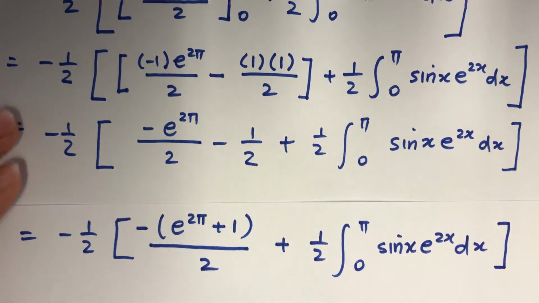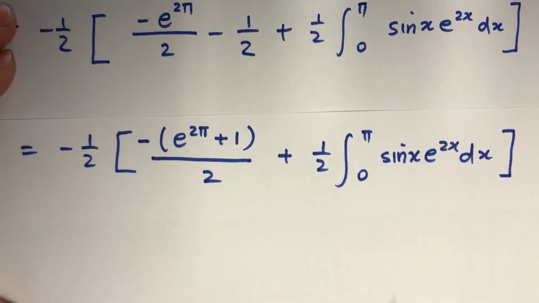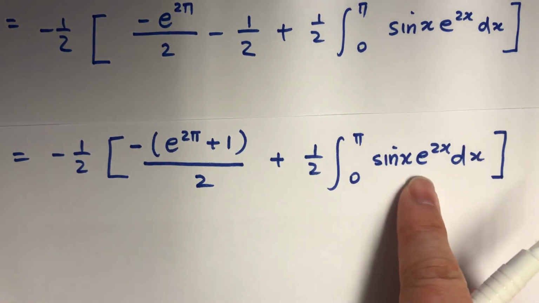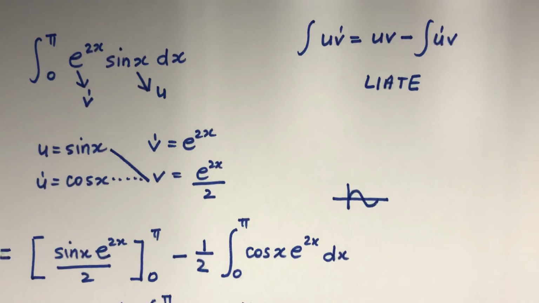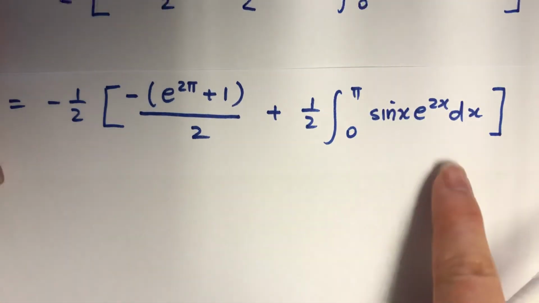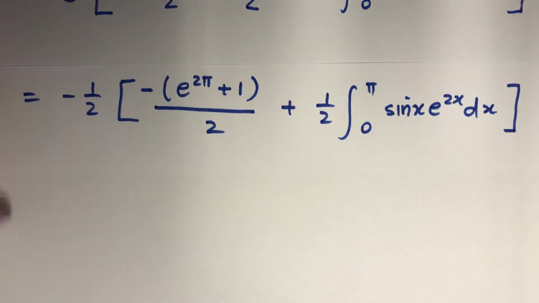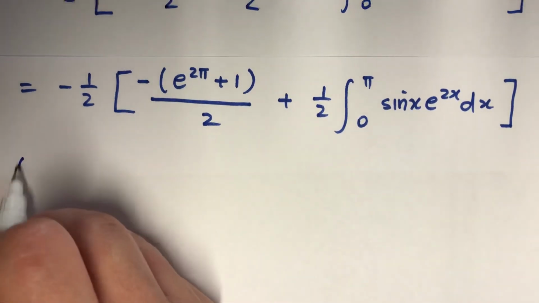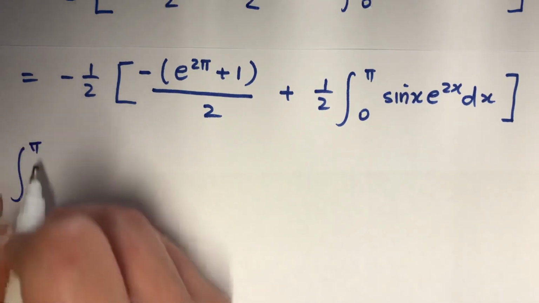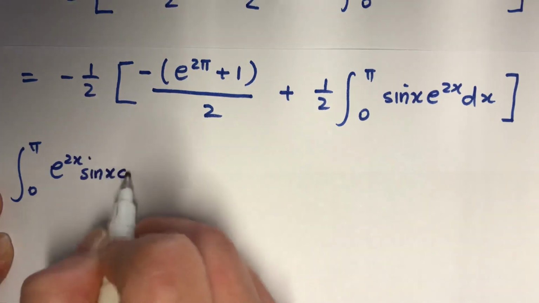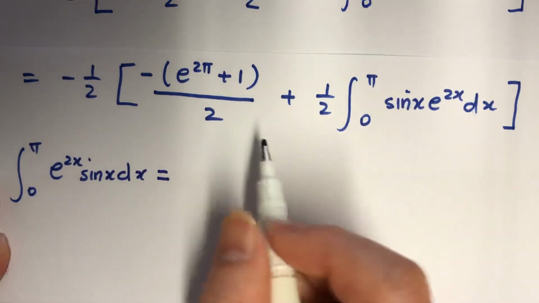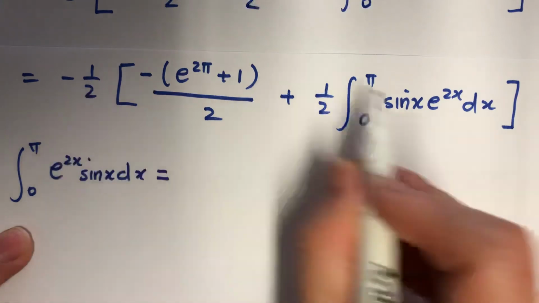Okay, so that's not too bad. Now when you look at this, you can see it's very similar to what we've seen, isn't it? It's actually the question. The original question was e to the power of 2x sine x. So I'm going to write the actual question here: the integral of e to the power of 2x sine x dx equals, let's expand this one as we go.